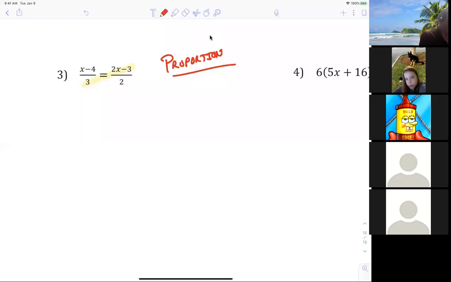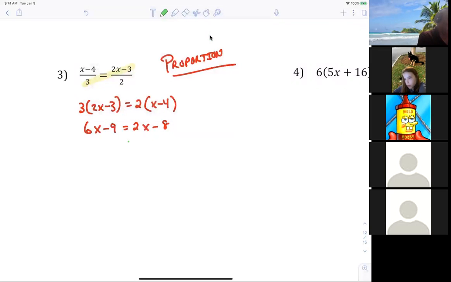I want to write down 3 parentheses 2x minus 3 equals 2 parentheses x minus 4. If you can skip that step, I'm totally fine with that. Now we're distributing properly: 6x minus 9 equals 2x minus 8.